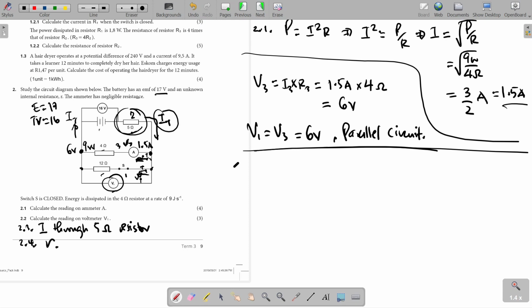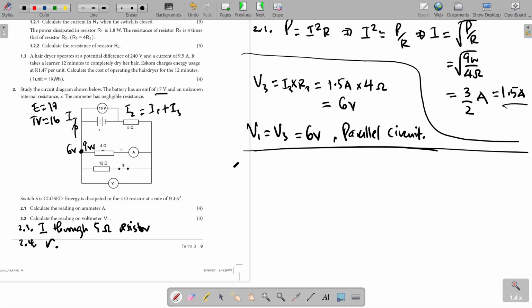So the current through 2, or the total current, will be equal to current 1 plus current 3. The currents across the branches, if you add them up, give the current on the 5 ohm resistor. So the current through 2 will be equal to I1 plus I3.